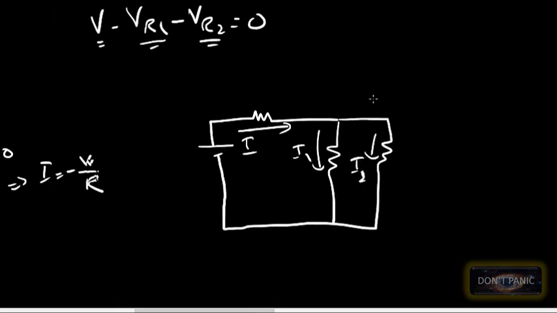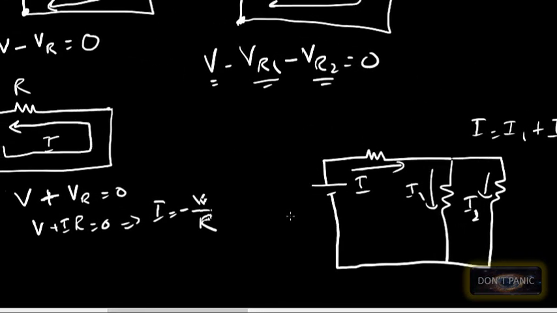So Kirchhoff's current law is saying that I is equal to I1 plus I2. So this would be one example of how you would apply Kirchhoff's current law. Basically, it tells you how the current is splitting in different branches.